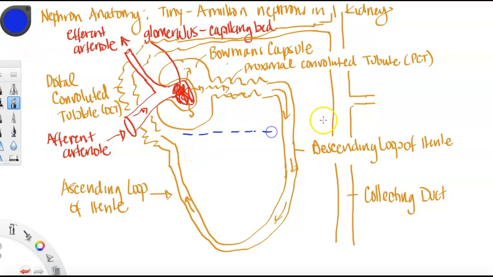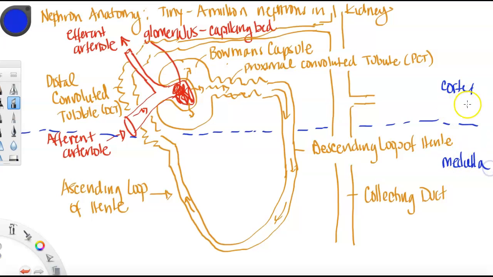I put a line here across. Anything up above here is the cortex, and what's down here is the medulla. So you can see the glomerulus and Bowman's capsule are always going to be in the cortex. The proximal convoluted tubule is always going to be in the cortex.